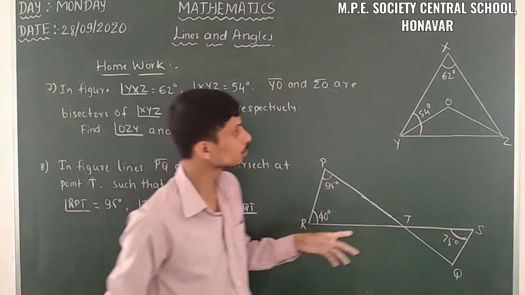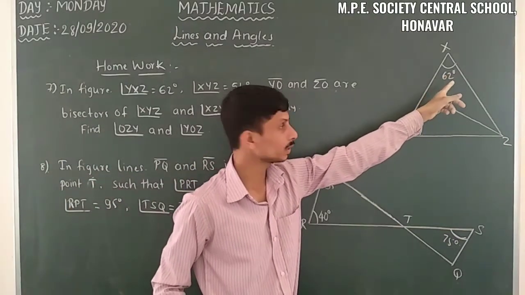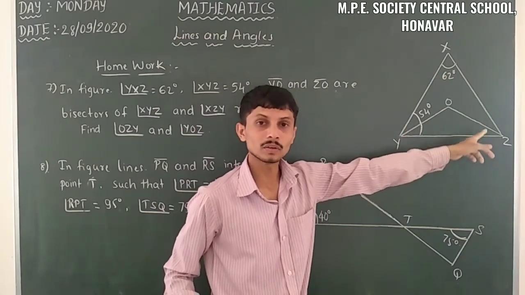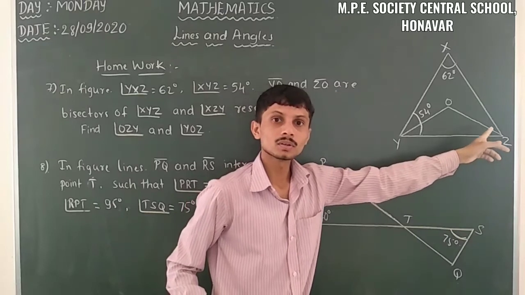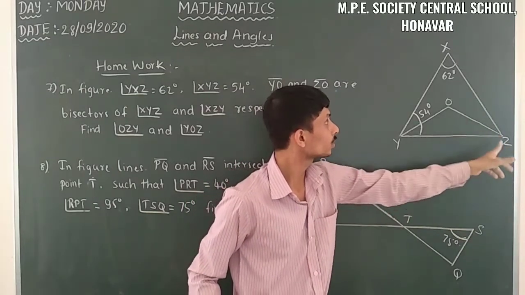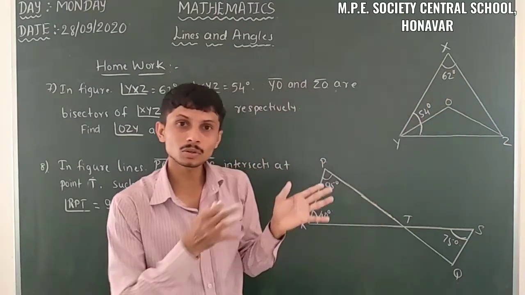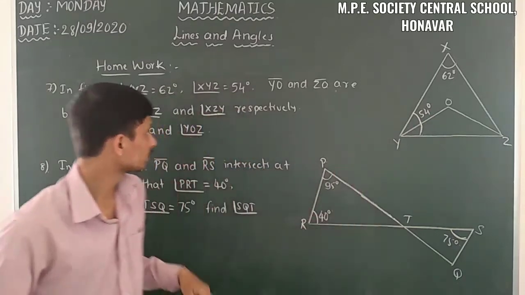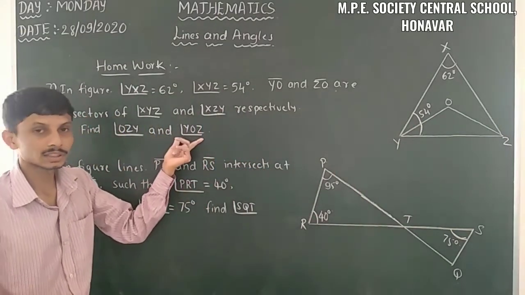Firstly, from the angle sum property we can find out the third angle here. When we have the third angle, the two angles OZY and OZX are one and the same. So from that we can find the value of OZY, and then we want YOZ.